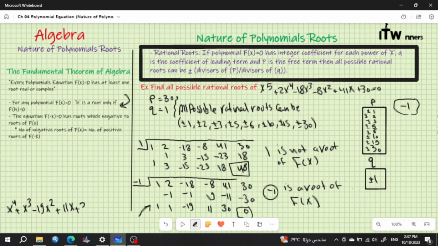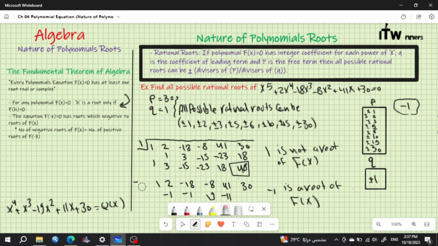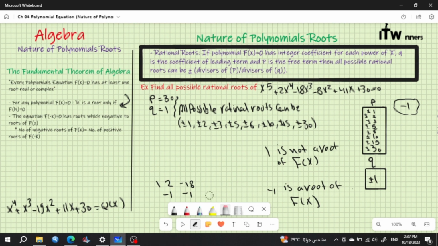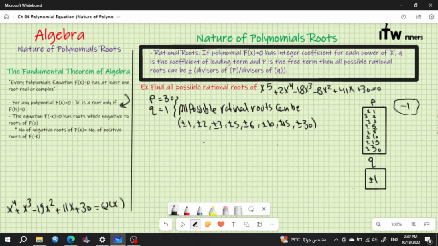Okay, just clear all of this, and again start with the number 2.